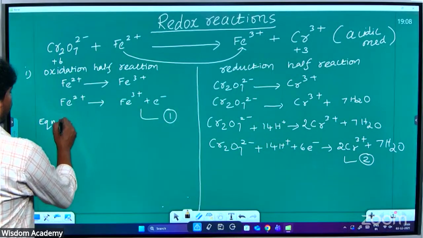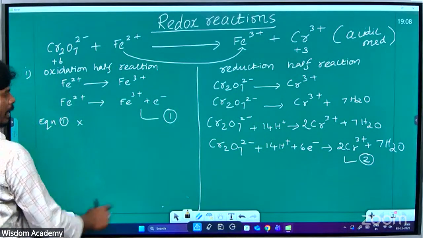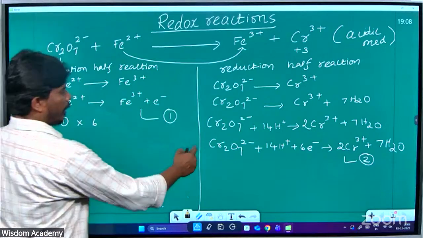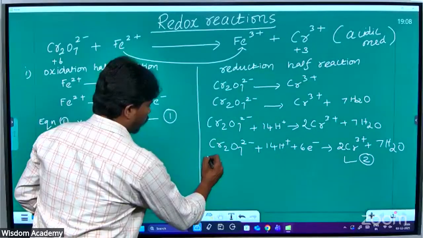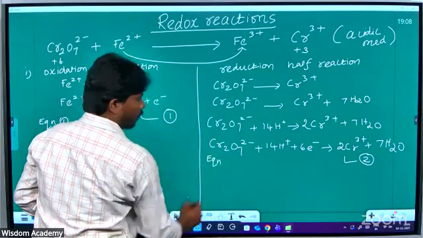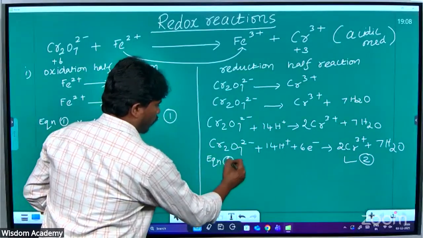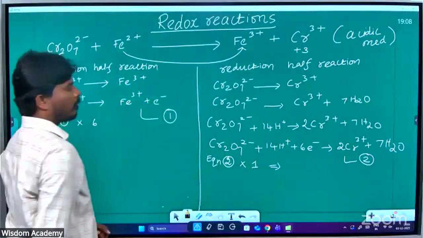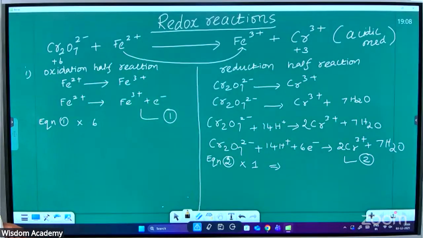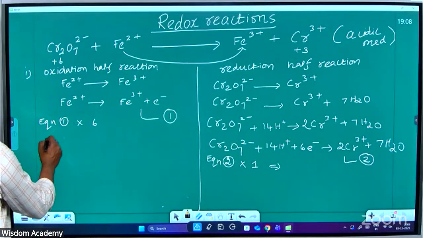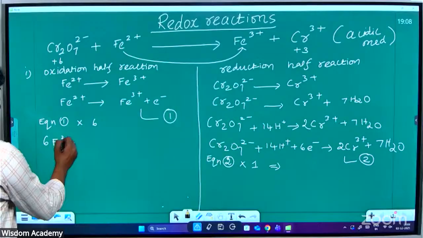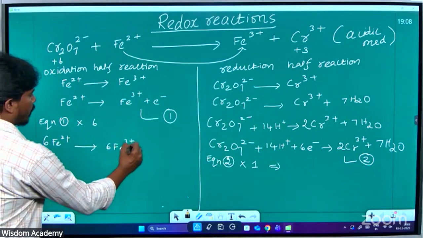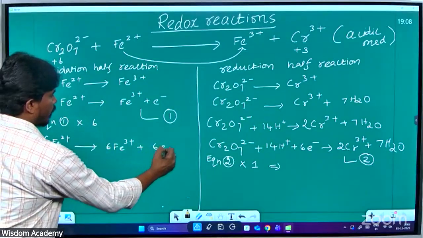Equation 1 multiplied by 6, and then equation 2 multiplied by 1, you will get the same equation. But here 6 Fe2 plus gives 6 Fe3 plus plus 6 electrons.